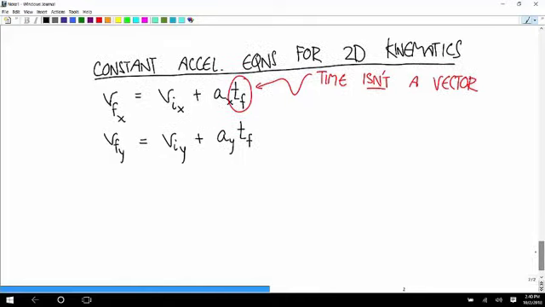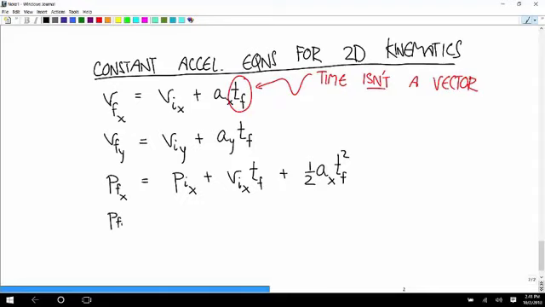And then the second equation in 1D said pf is equal to pi plus vi tf plus 1/2 a tf squared. And that's true for the x components. And it's also true for the y components.